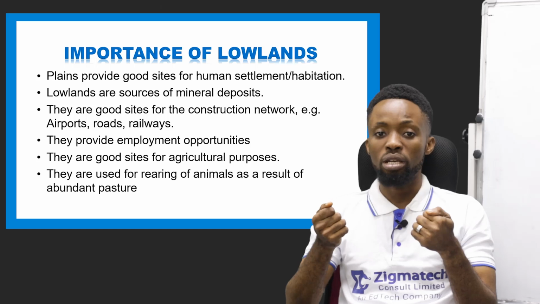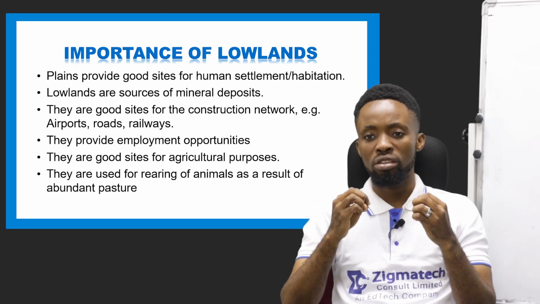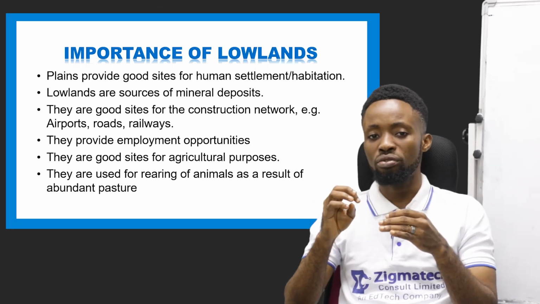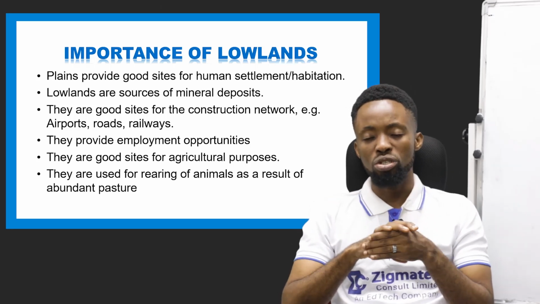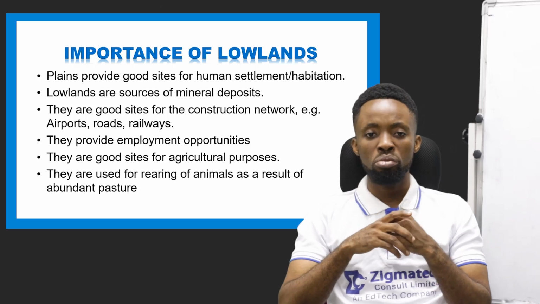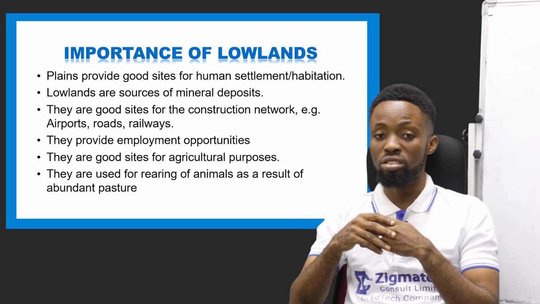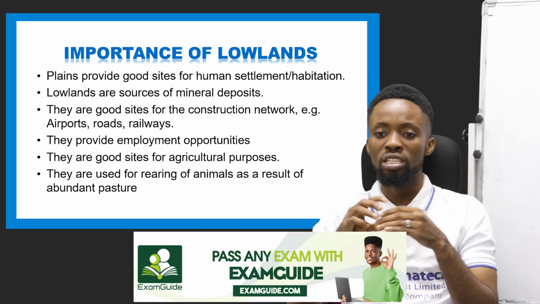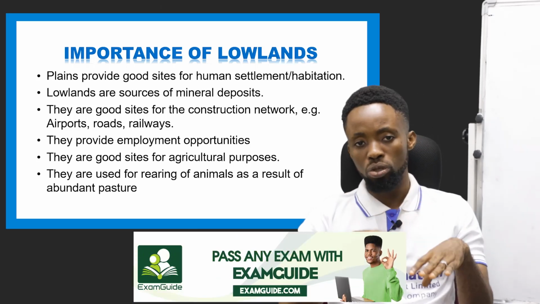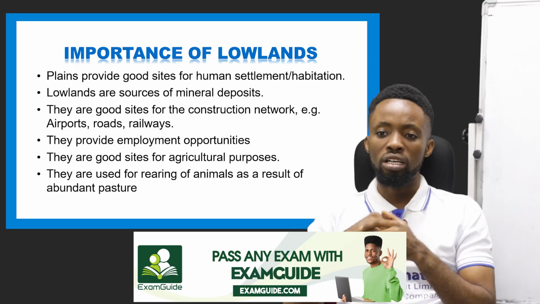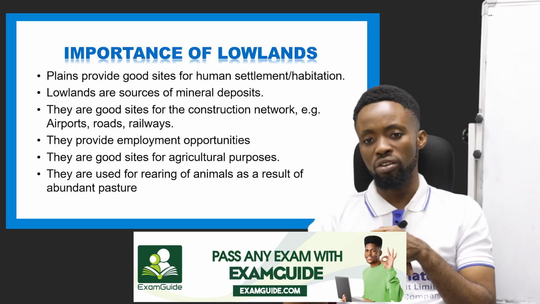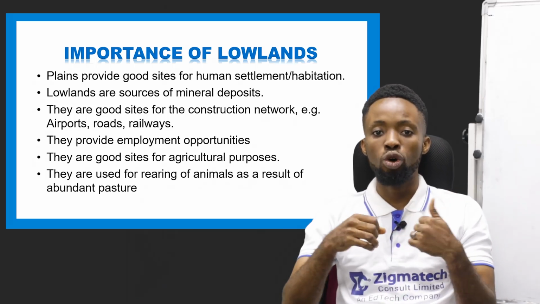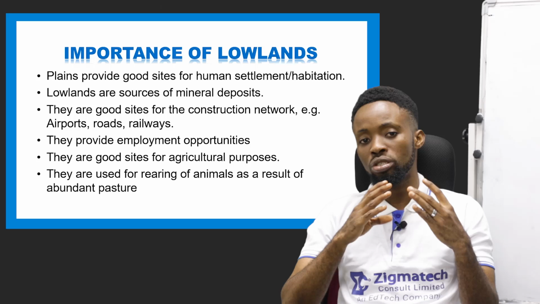The next relevance of lowlands is that they are good sites for agricultural purposes. Most agricultural activities, be it mechanized, be it subsistence, or any other agricultural type, are done on lowland areas. And these lowland areas are good for rearing animals because they have more pastures compared to the highland areas.